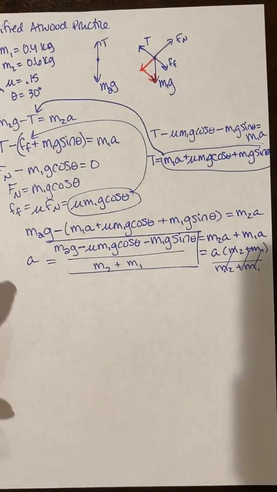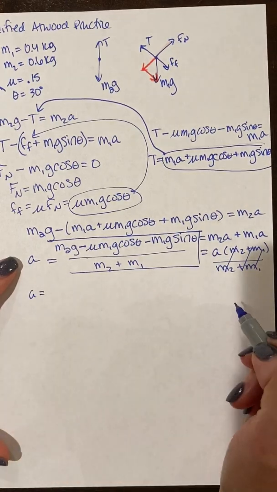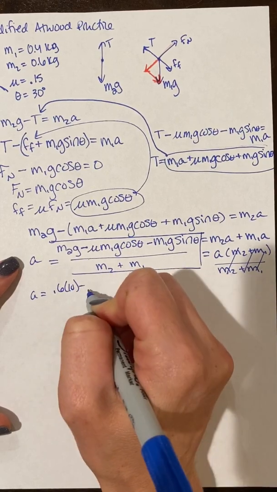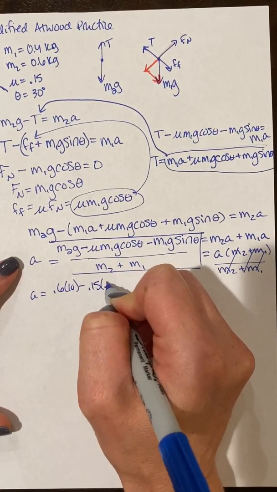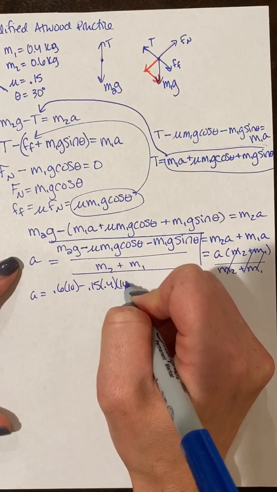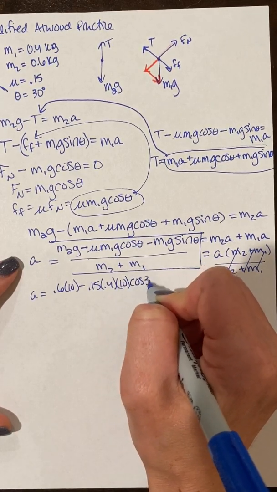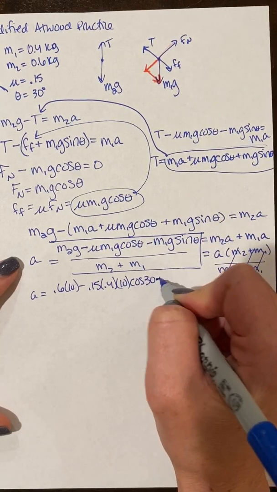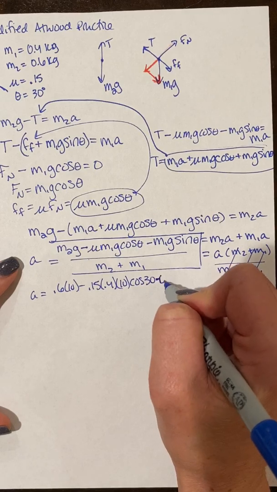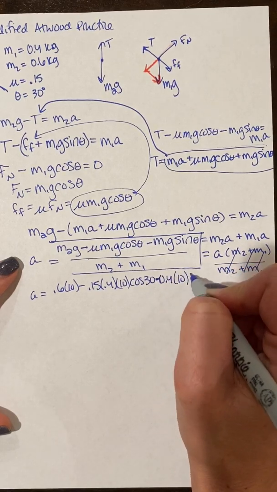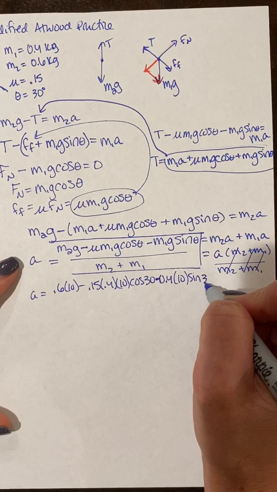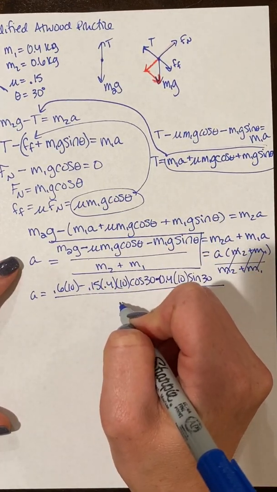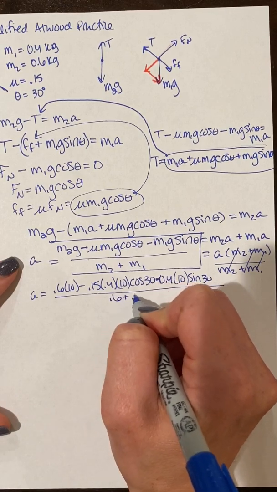Now we can plug in our numbers. My acceleration is equal to m2, which is 0.6 times 10, minus mu m1, which is 0.4 times 10 cosine of 30, minus m1, which is 0.4 times 10 sine 30, divided by 0.6 plus 0.4.